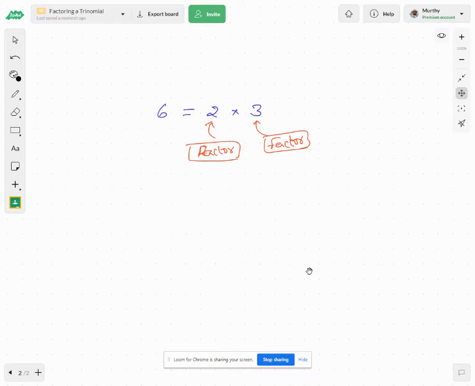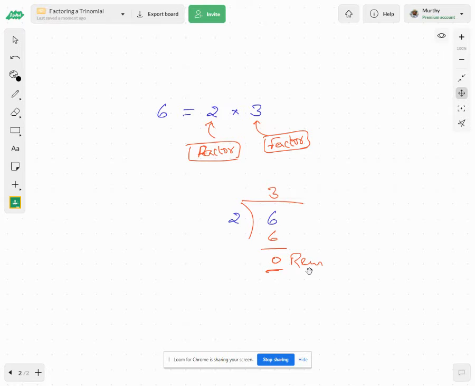Factor means if you take 6 and now think of taking 2 and go for division, 2 times 3 equals 6, and we are left with 0 as remainder.